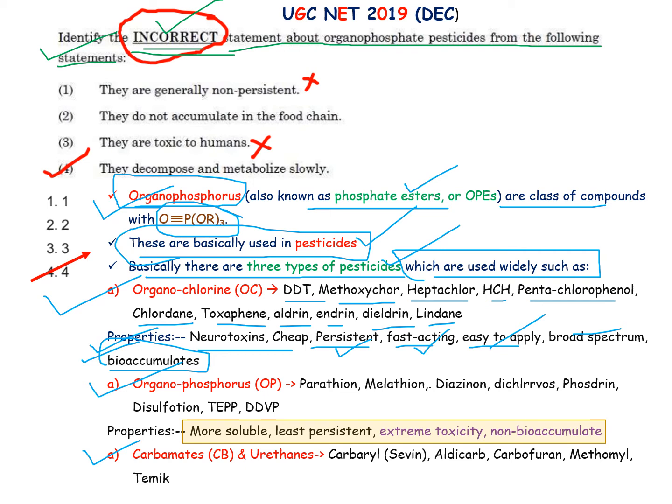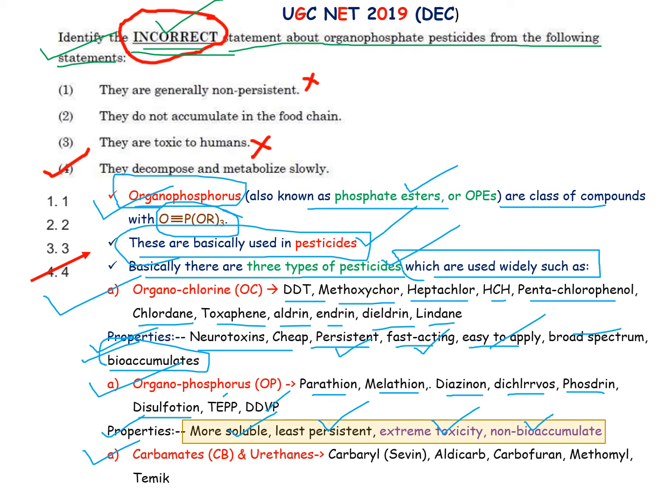While organophosphorus pesticides include parathion, malathion, diazinon, dichlorvos, phosphamidon, disulfoton, TEPP. The properties are: more soluble, least persistent, extreme toxicity, but no bioaccumulation.